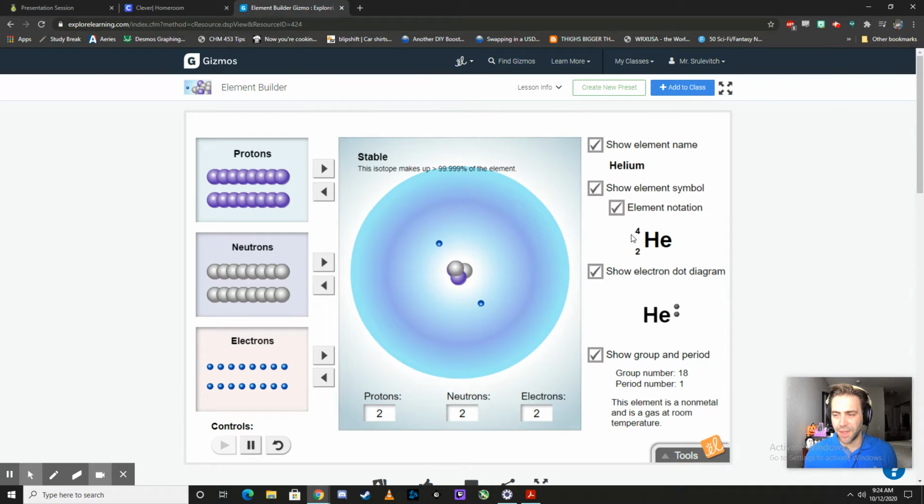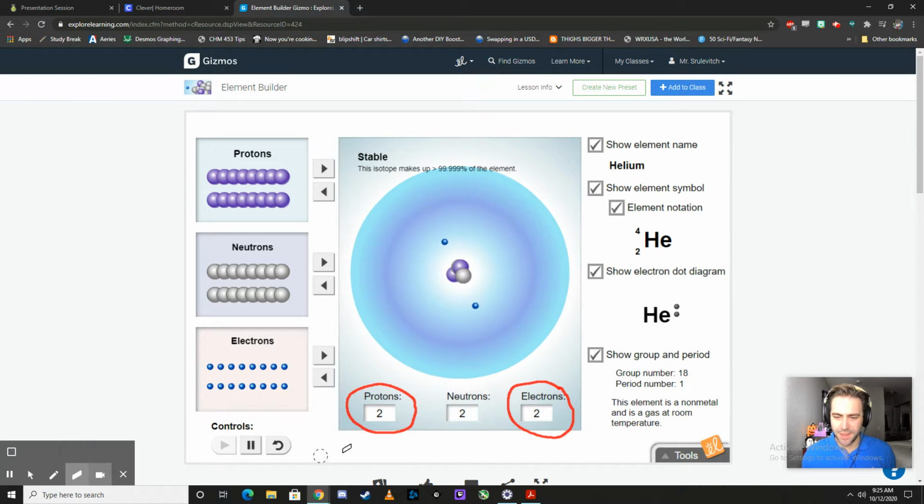So up here, top left, mass number, bottom left, atomic number, and top right, there would be a charge, but there is no charge since the number of protons is equal to the number of electrons, so the charge is 0. If protons and electrons are equal, the charge is 0.